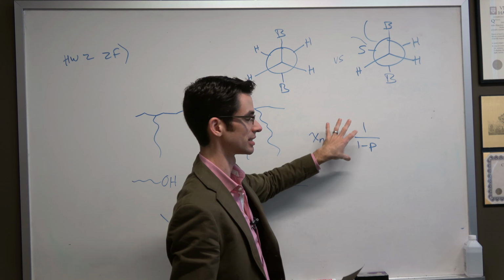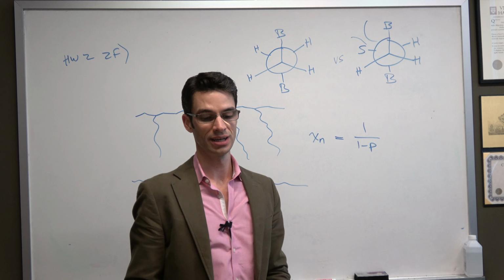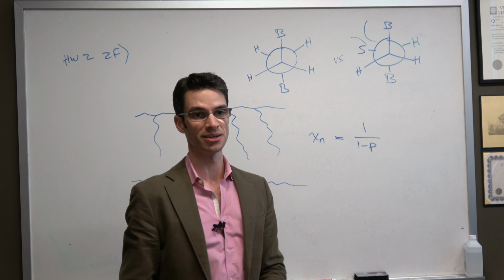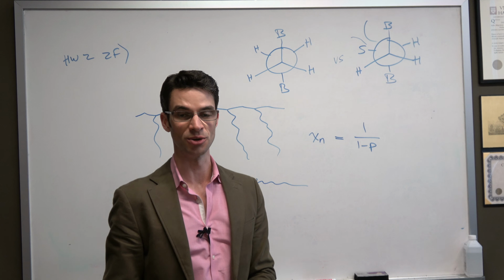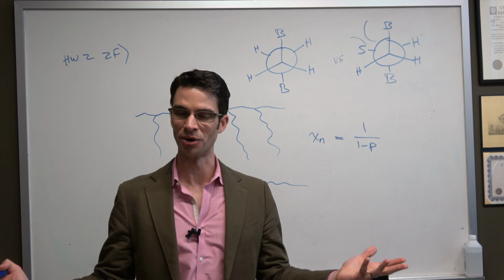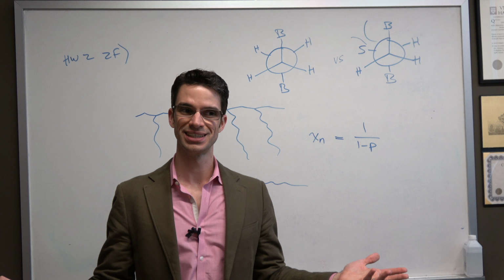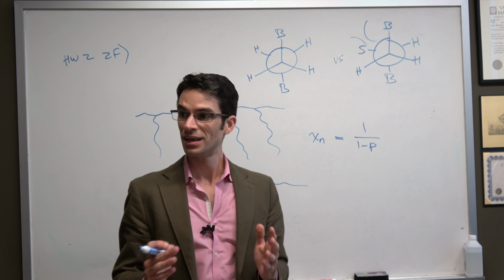Now, it's true that in part C of that exam, we were no longer assuming a stoichiometric imbalance, because this only works in cases of stoichiometric balance. So a 1-to-1 ratio of AA and BB type monomers, or, by definition, a 1-to-1 ratio for an AB type monomer. And you can only ever have a 1-to-1 ratio of an AB type monomer because A and B are attached on the same molecule.